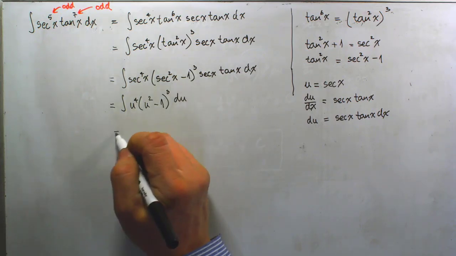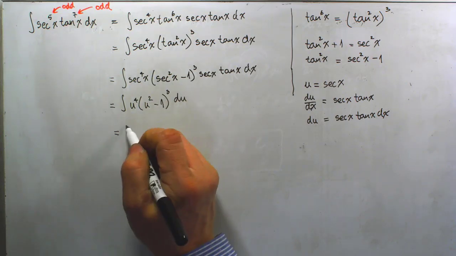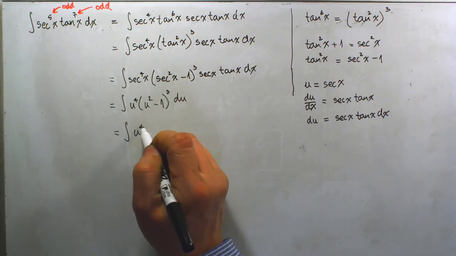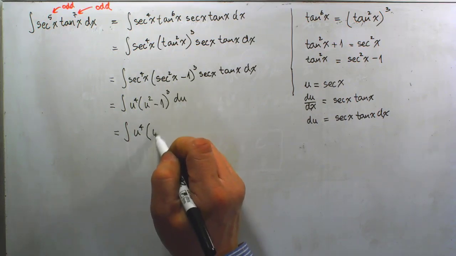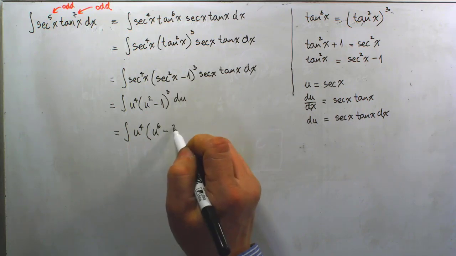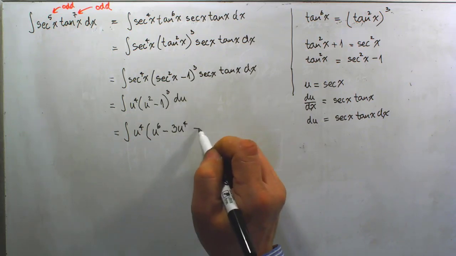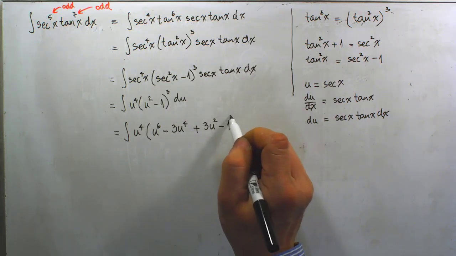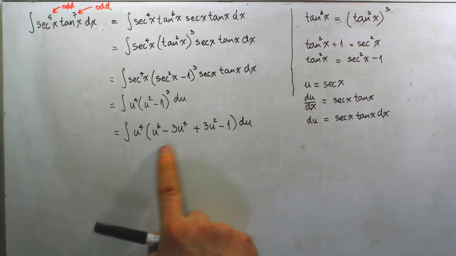We can take some time foiling out this cubic of the u squared minus 1 right here. The FOIL product will give me u to the 6th minus 3u to the 4th plus 3u squared minus 1 with a du. And anyone can quickly verify how I foiled this out.